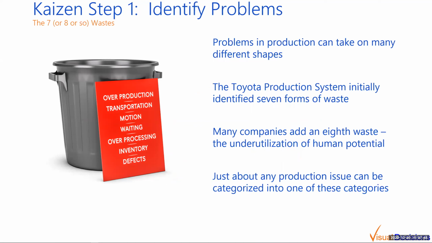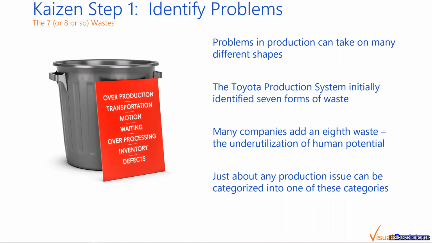What is a problem in manufacturing? One way to look at that is the 7 wastes or 8 wastes. If you know TIM WOOD: transportation, inventory, motion, waiting, overproduction, overprocessing, and defects. Then typically a lot of companies will add an 8th waste, the underutilization of human potential.